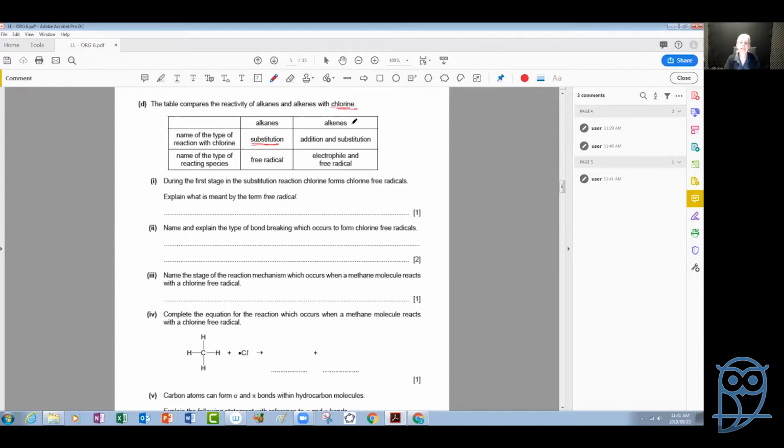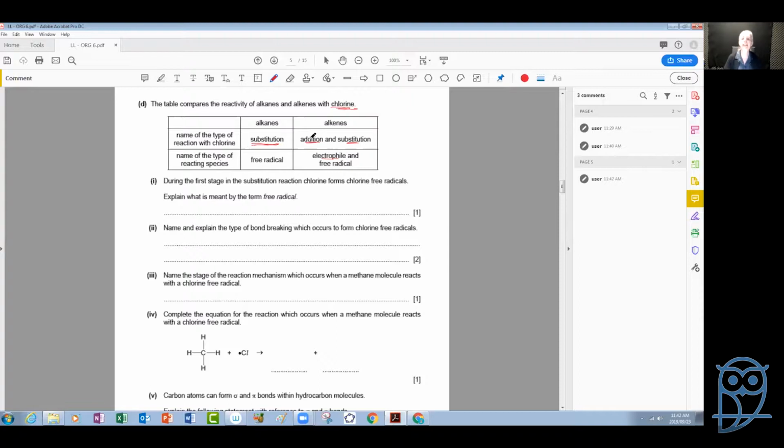Now, when it comes to alkenes, when alkenes react with chlorine, what types of reactions do we have? These reactions can be addition reactions, but also substitution reactions. And what are the reacting agents, reagents there? Name of the type of reacting species. Electrophile, they say electrophile. They refer to the addition reaction.